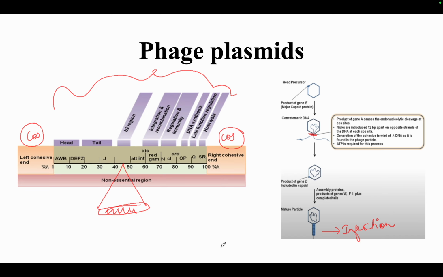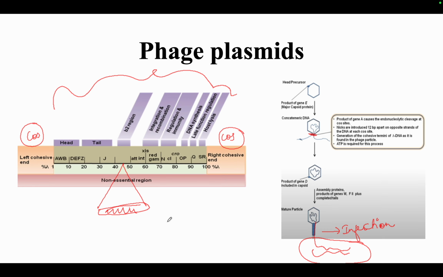So after infection of host cells, which are mostly bacteria, the phage will transfer our packaged DNA into the bacteria. Okay, it will put the DNA into the bacteria, and then this DNA can be integrated into the bacterial genome.